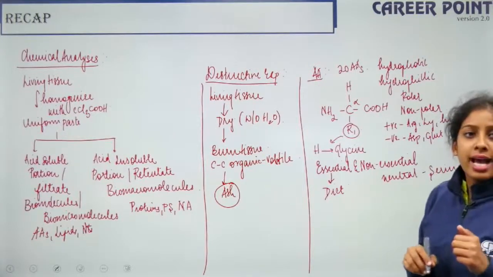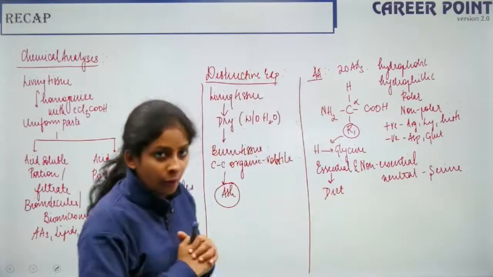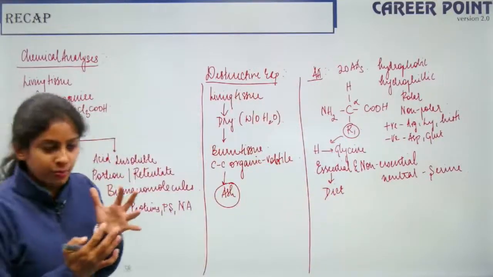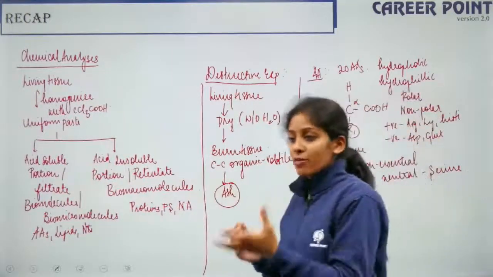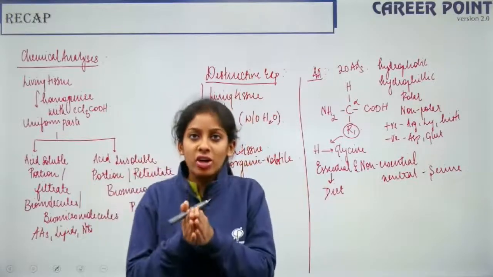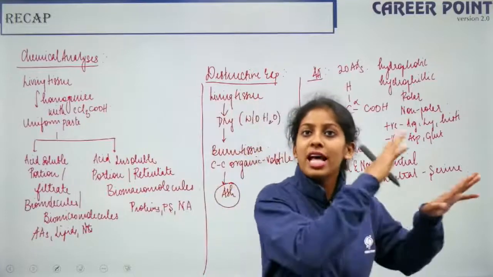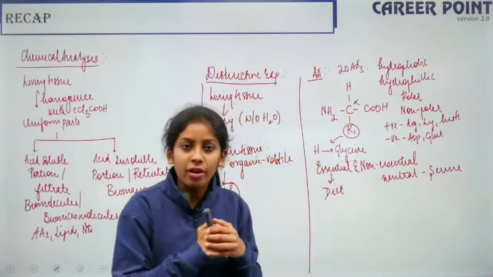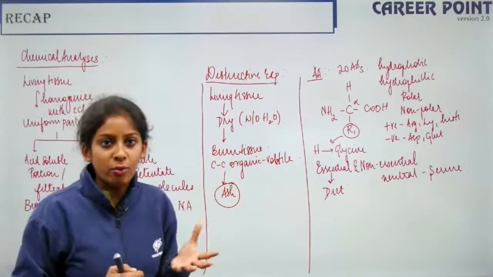So apart from that, biomolecules. Okay, so inside your cell you have macromolecules, right? When we spoke about evolution, I told you that first you have inorganic molecules. Inorganic molecules became organic molecules, and thus your cell formed, right? What are those organic molecules?